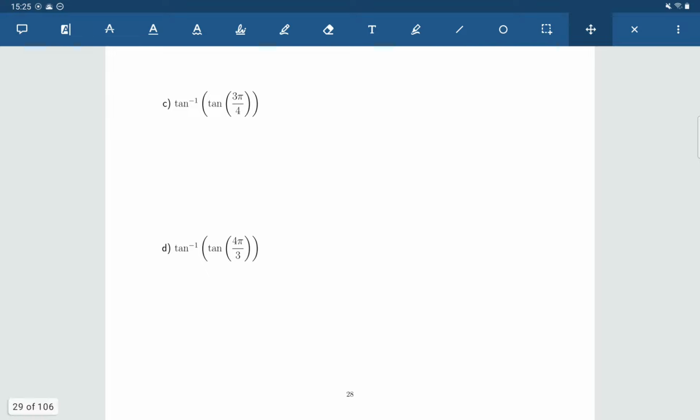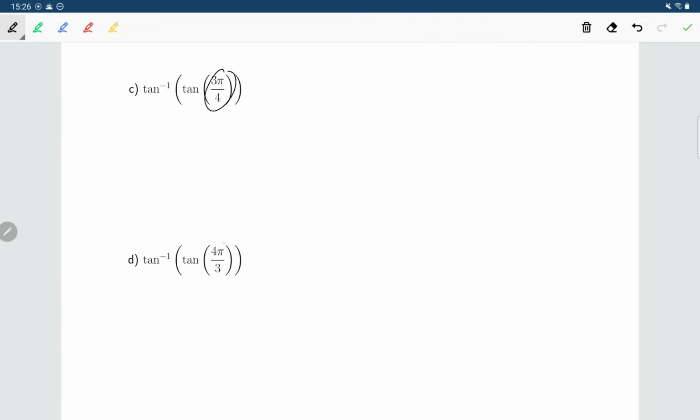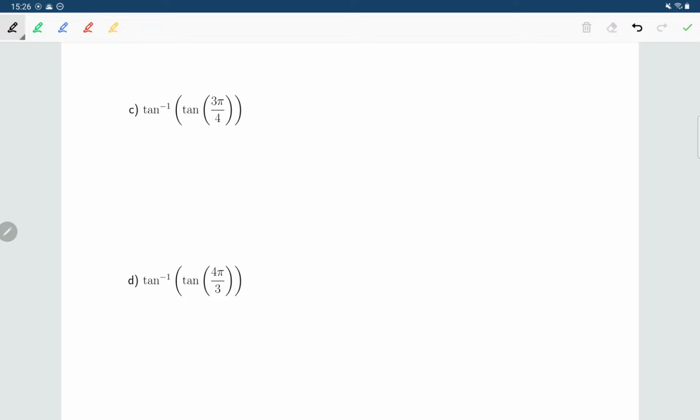Now for these two, we're both going to need to make a couple of adjustments because neither of these angles are in our little restricted domain from negative pi over 2 to pi over 2. If you looked at 3 pi over 4, you'd see that that angle happens to be in quadrant 2 and has a reference angle of pi over 4. Now in that quadrant, you happen to know that tangent is negative.